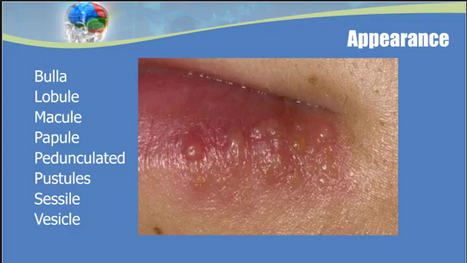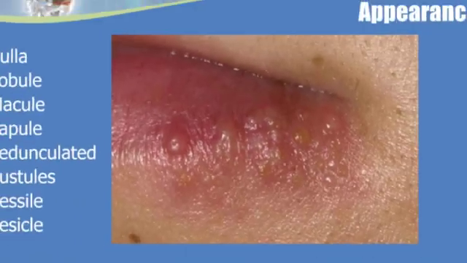A vesicle is going to be in a cluster of lesions, such as in HSV2. So this patient has an outbreak of herpes on the vermilion border of the lip there, and you can see that there are multiple lesions, so they have a vesicle, multiple vesicles that have formed there.